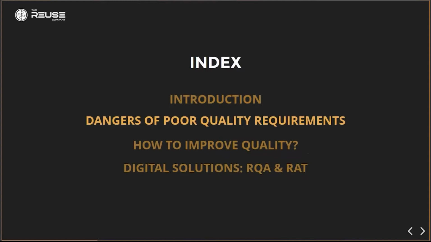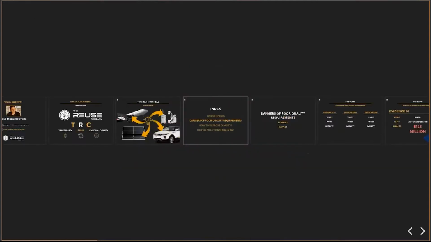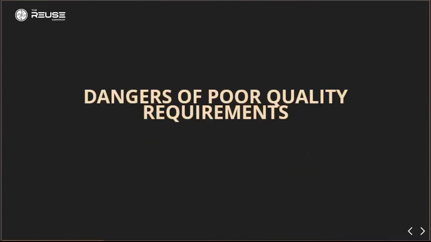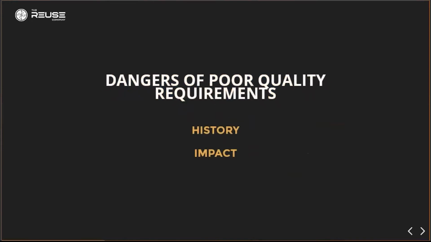So the three main topics that we are going to take a look at today are basically the dangers of poor quality requirements, which is the actual impact, or which are the possible scenarios that we will encounter once we have poor quality requirements, how to improve that specific quality in order to avoid those scenarios, and finally, two digital solutions which provide us aid when trying to improve the quality of the requirements, right? So let's jump right into it, and let's begin with the dangers of poor quality requirements.